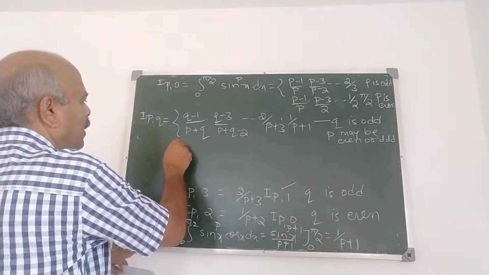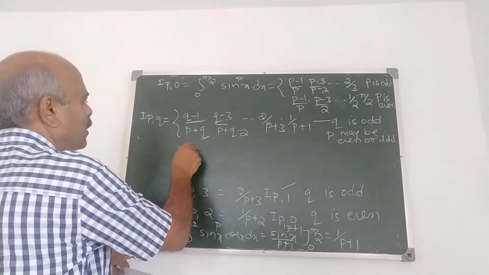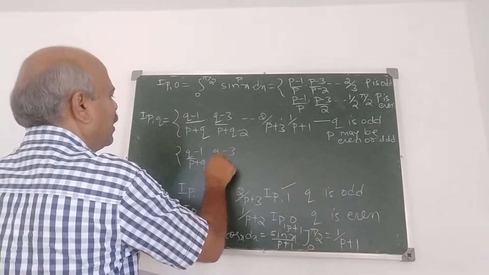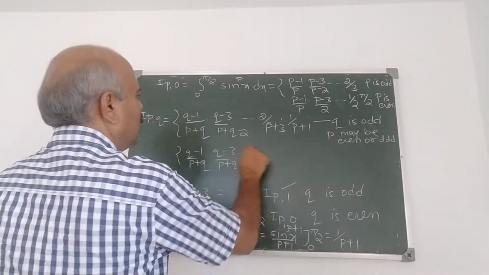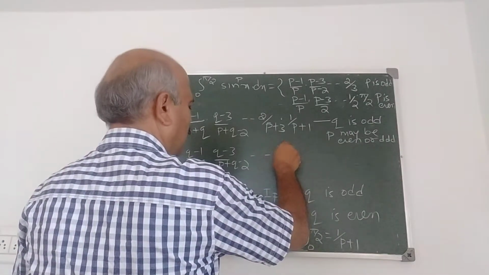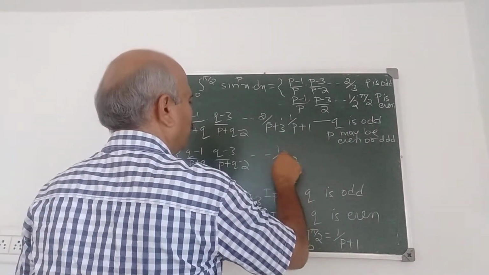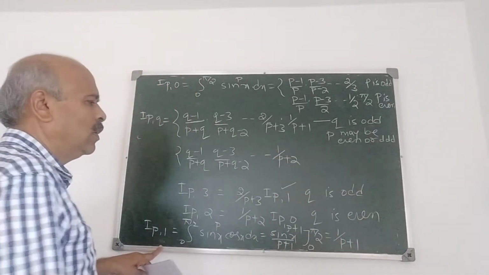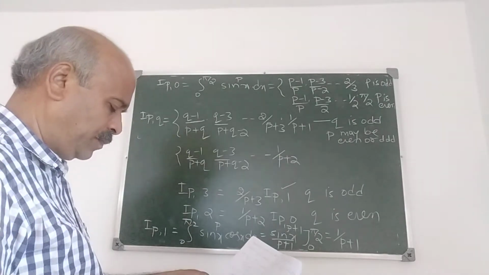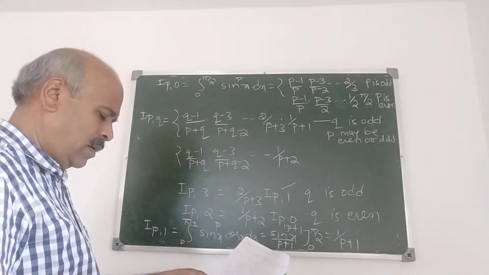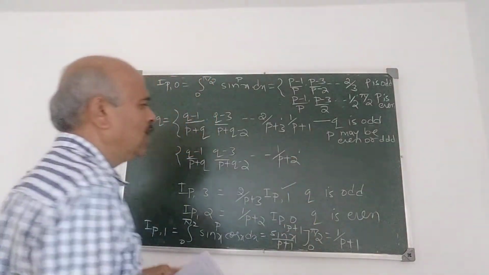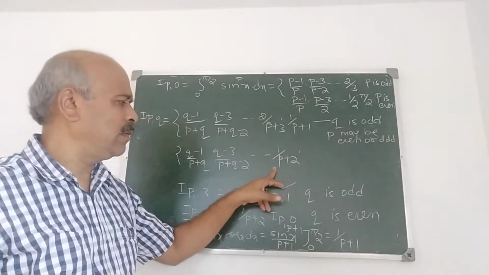Secondly, it is also equal to I_{p,q} is q minus 1 by p plus q, q minus 3 by p plus q minus 2, etc., into 1 upon p plus 2, into, now there are two cases.